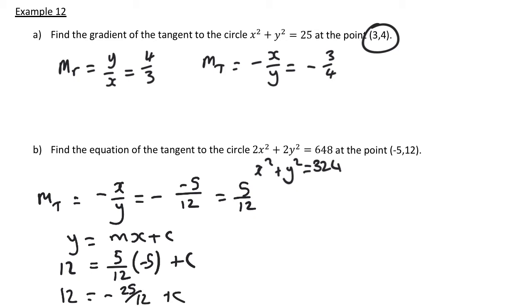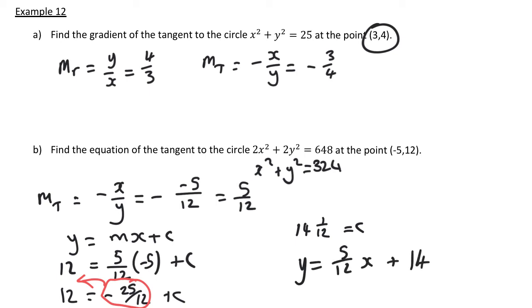We'll move the minus 25 over 12 to the other side, and it becomes positive. 25 over 12 is 2 1/12, so when we add that to 12, we get 14 1/12 equals c. So the equation of the tangent is y equals 5/12 of x plus 14 1/12.